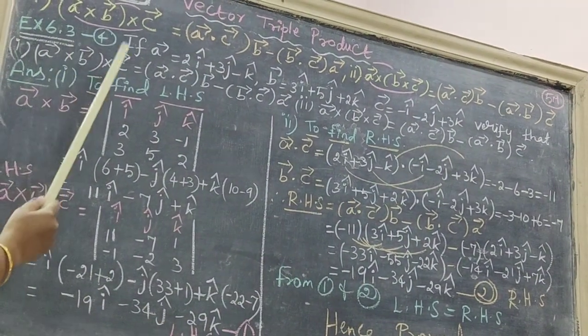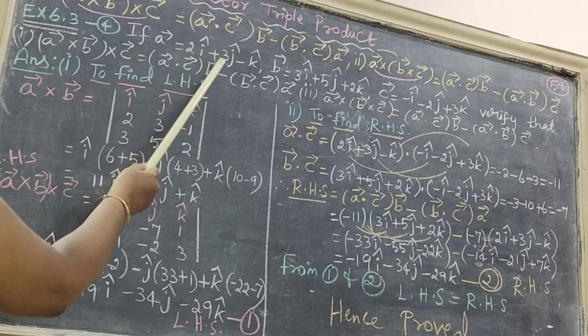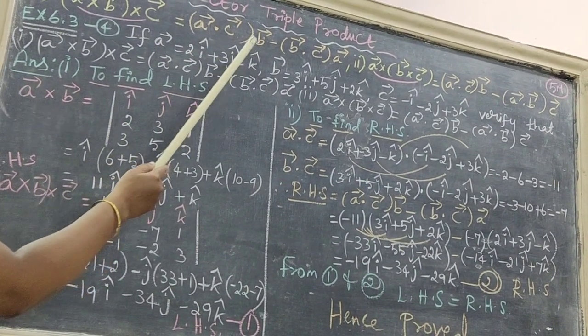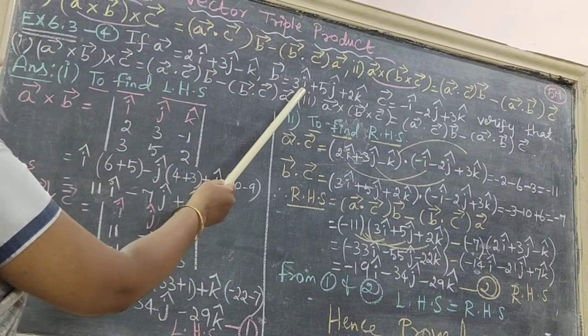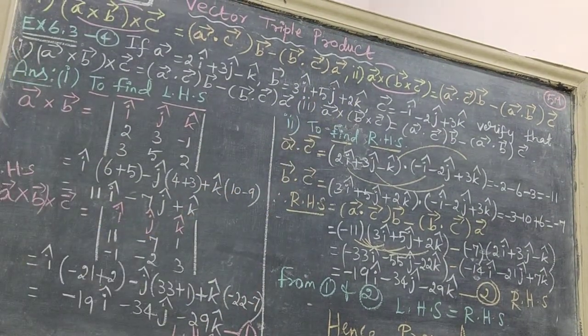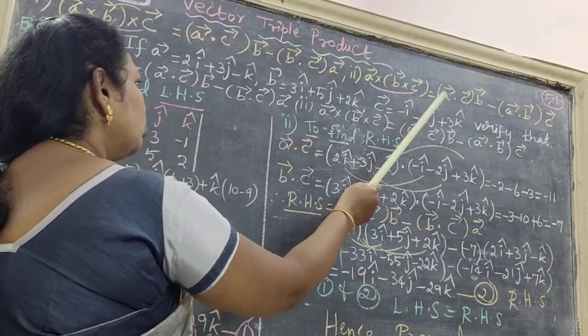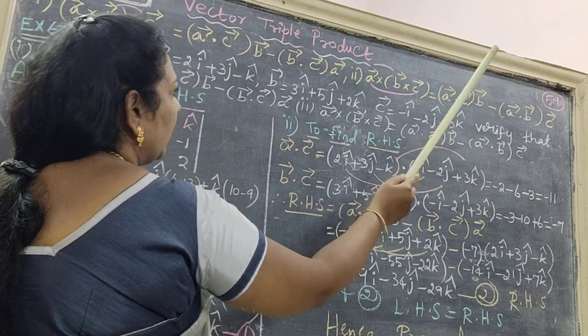Exercise 6.3, fourth question. If A vector is equal to 2 i cap plus 3 j cap minus k cap, comma, B vector is equal to 3 i cap plus 5 j cap plus 2 k cap, comma, C vector is equal to minus i cap minus 2 j cap plus 3 k cap.